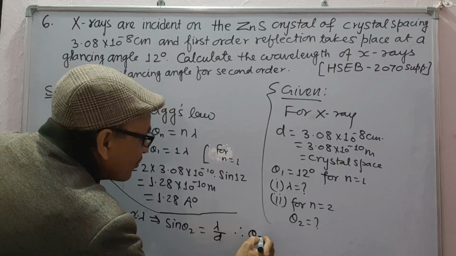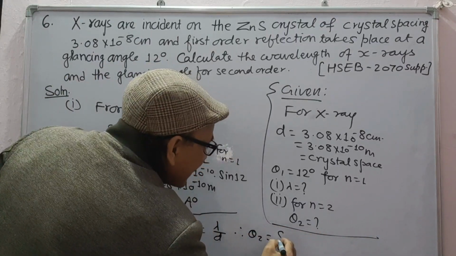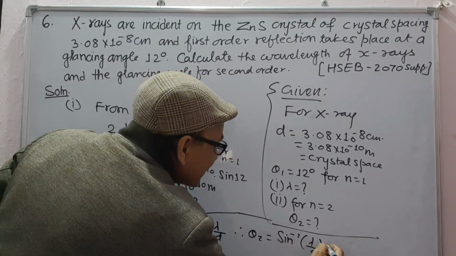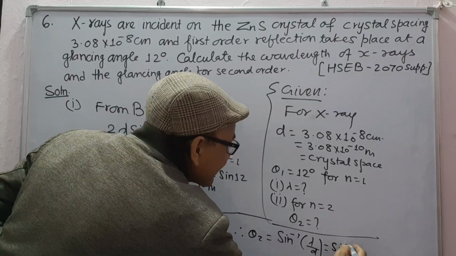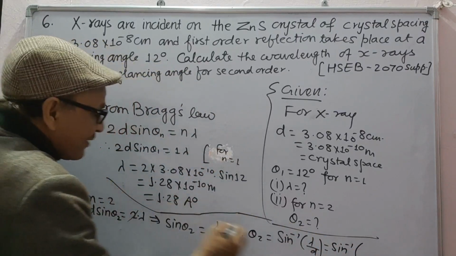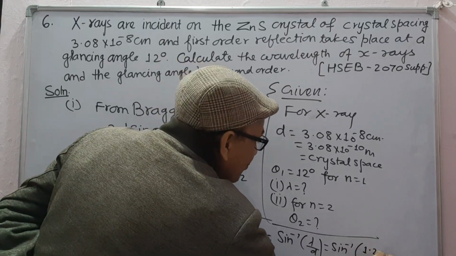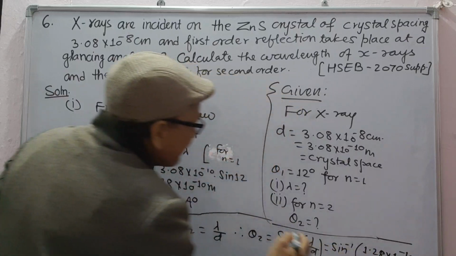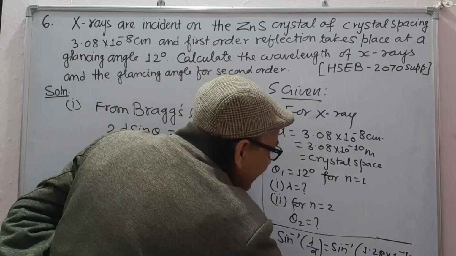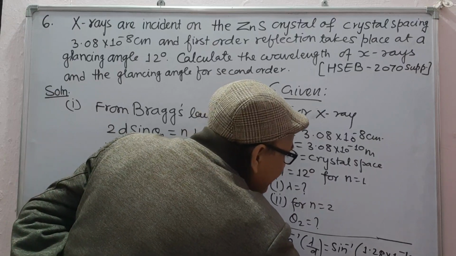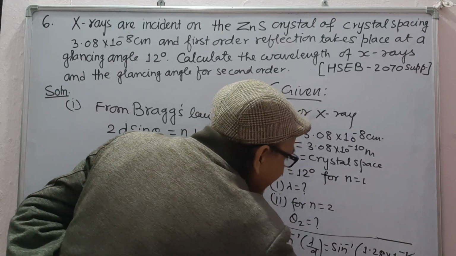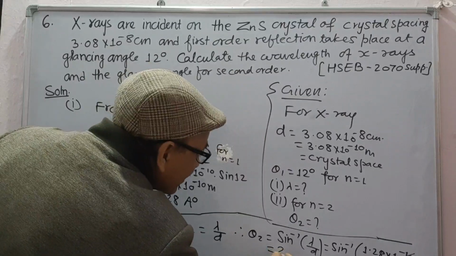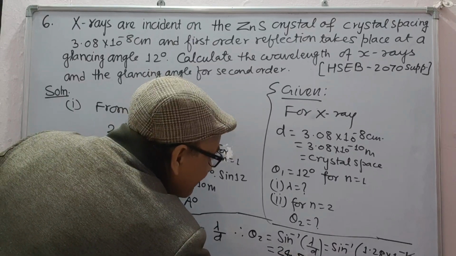Hence theta 2 will be equal to sin inverse of lambda upon d, which is sin inverse of 1.28 into 10 to minus 10 meter upon 3.08 into 10 to minus 10 meter. This cancels, and on simplification we get theta 2 as 24.56 degree.